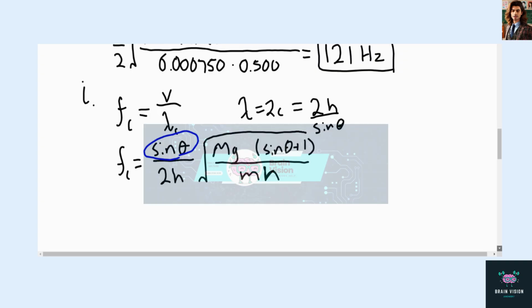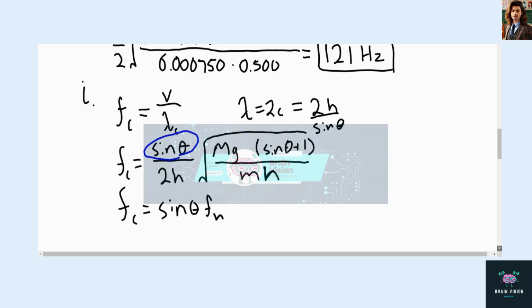Before we just had a 1 in the numerator there, but now we have a sine theta. So what we can say instead is that Fc is actually equal to sine of theta times Fh, which saves us a ton of work because we already know what Fh is for these values that we're using. We already know that Fh is 121 hertz.